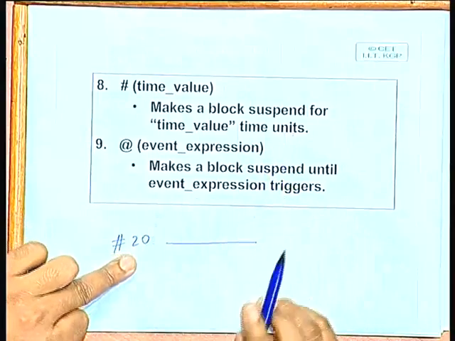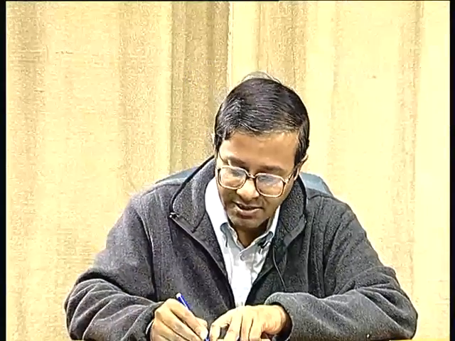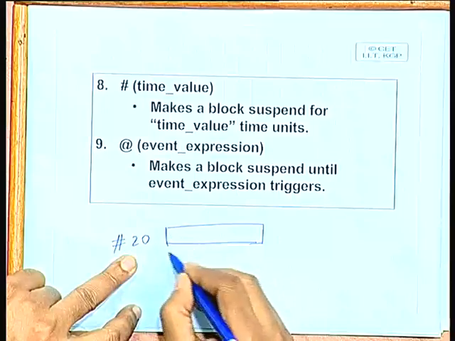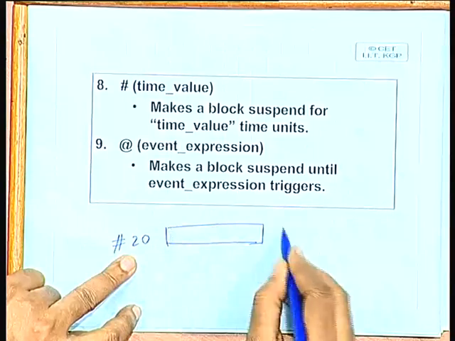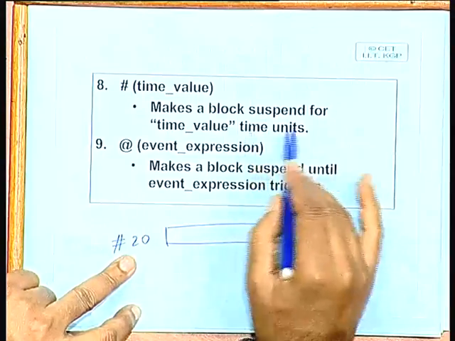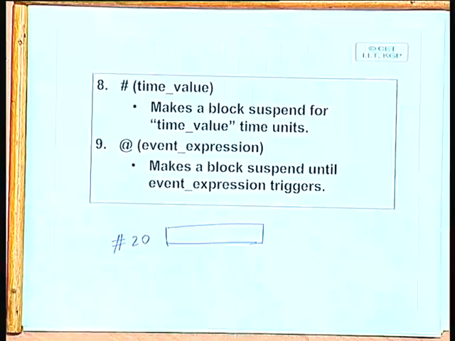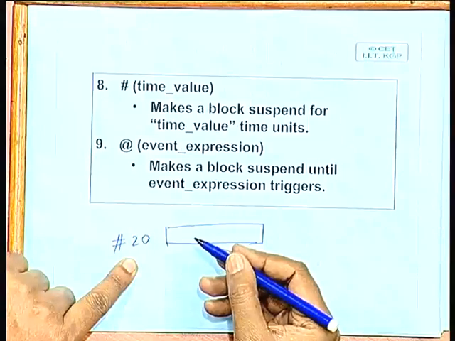I am repeating, this is meaningful only to the simulator, and this specifies that the block of statement that follows, this can be a single statement, this can be a begin and end block, has to be suspended for so many time units. So, after so many time units you execute this. So, in a sense you are specifying the delay of this block, that means after how much time the output of this block will get evaluated.